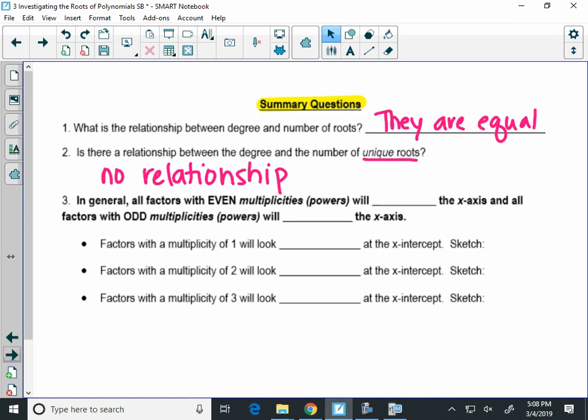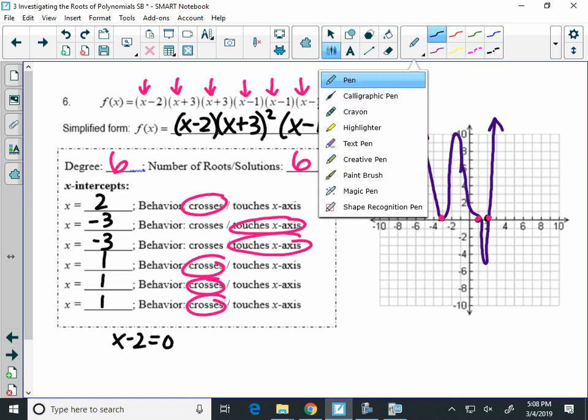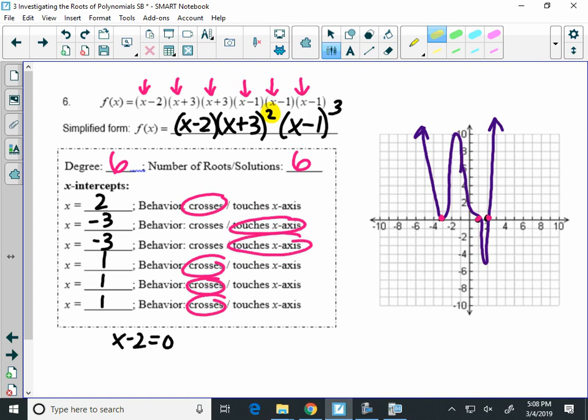Now, in general, all the factors have multiplicities, which are the exponents, the number of times a root showed up. So for example, in this last problem, this x plus 3 had a multiplicity of 2 because there were 2 factors of x plus 3. X minus 1 had a multiplicity of 3 because there were 3 factors of x minus 1.